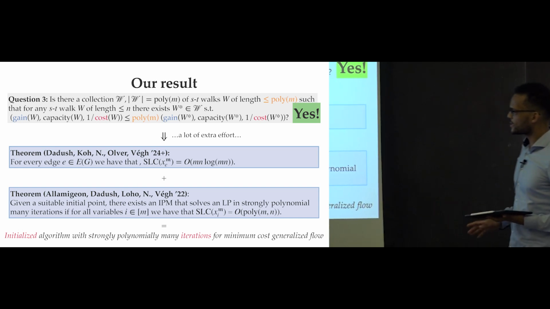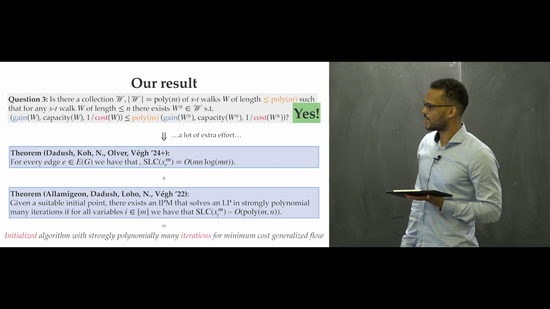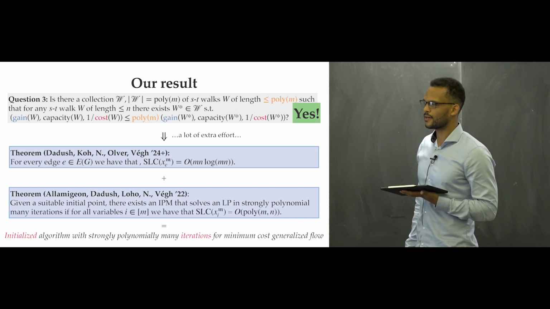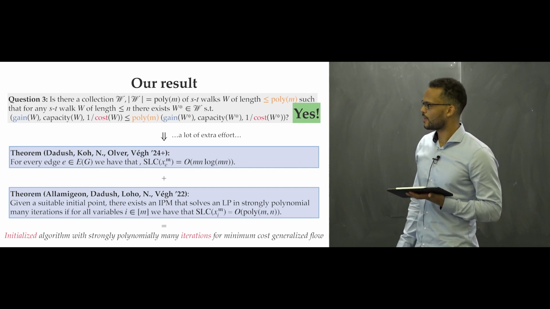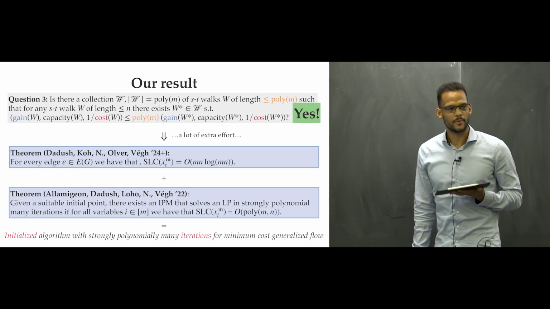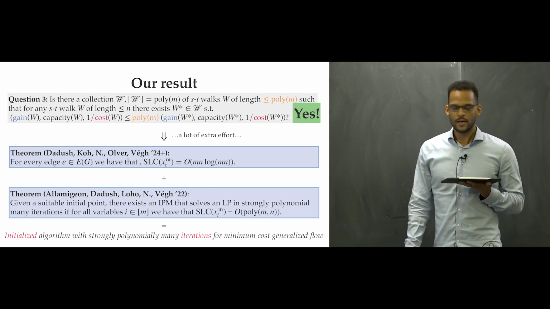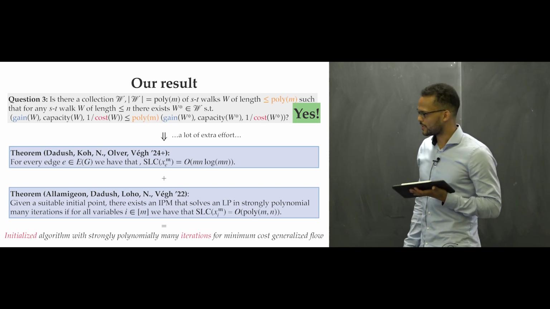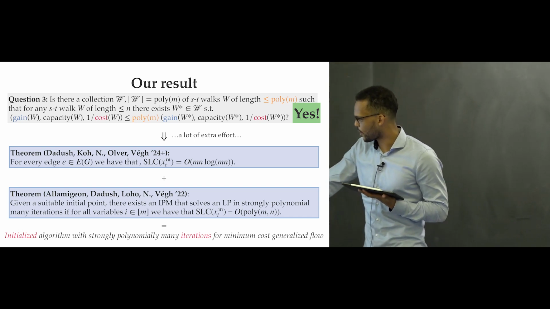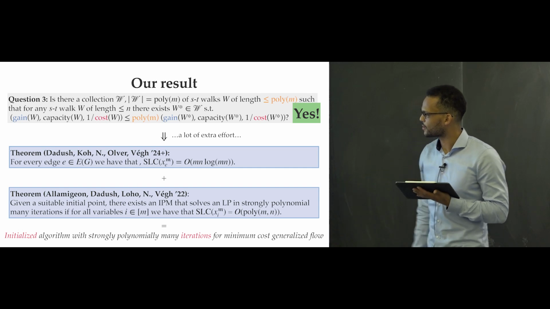So these things combined tell you that, if you give me a point near the central path, then I have an algorithm for you that runs in polynomially many, or in SLC many iterations to solve the LP, in particular for minimum cost flow. There are strongly polynomially many iterations.